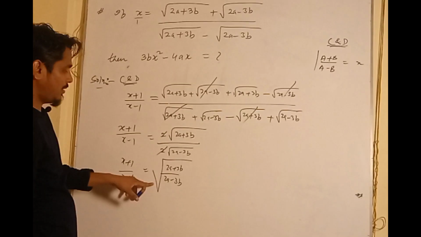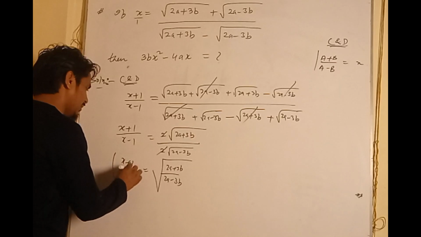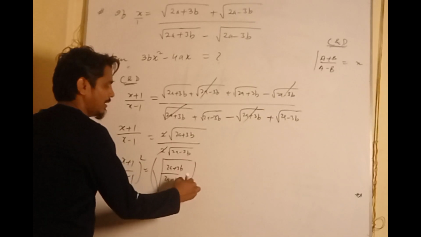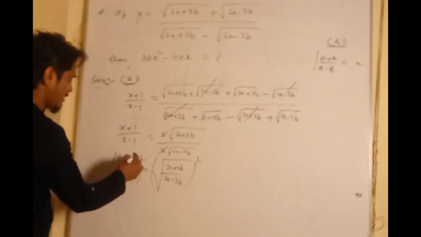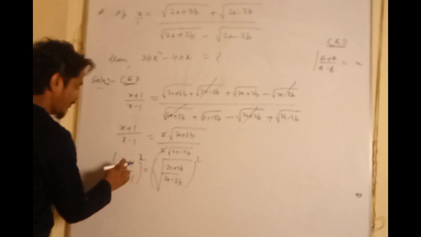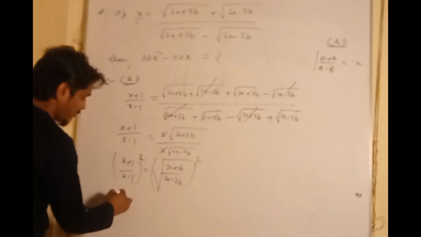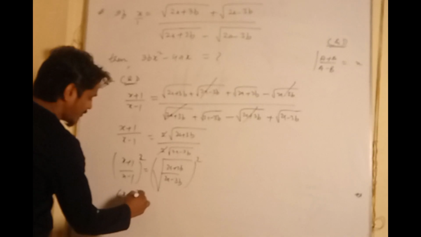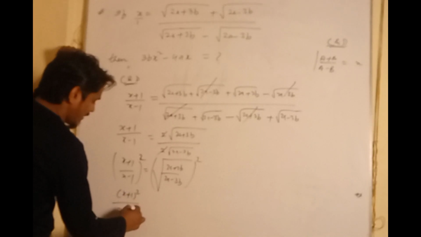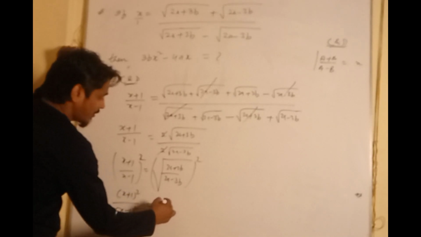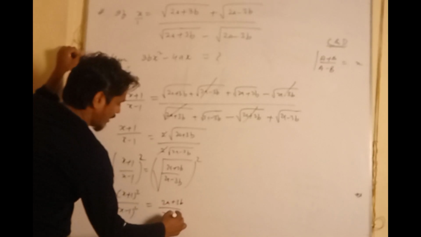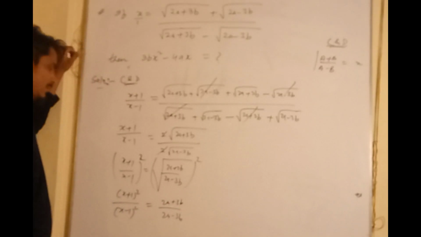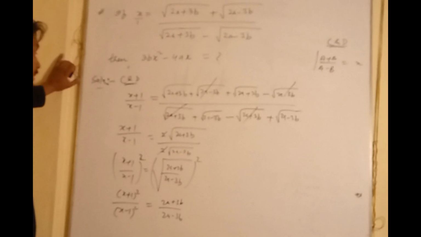To cancel out this root, we just have to square both sides. If we square both sides, the right side will become free from the root, and on the left side we just have to distribute this power to both numerator and denominator. So the numerator will become (x plus 1) squared, the denominator will be (x minus 1) whole squared, is equal to (2a plus 3b) over (2a minus 3b).